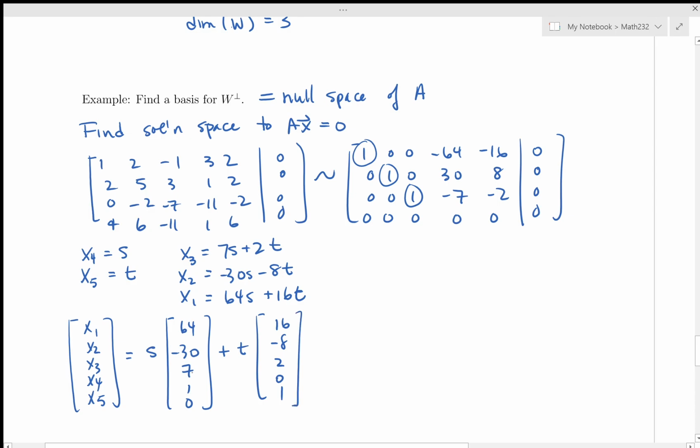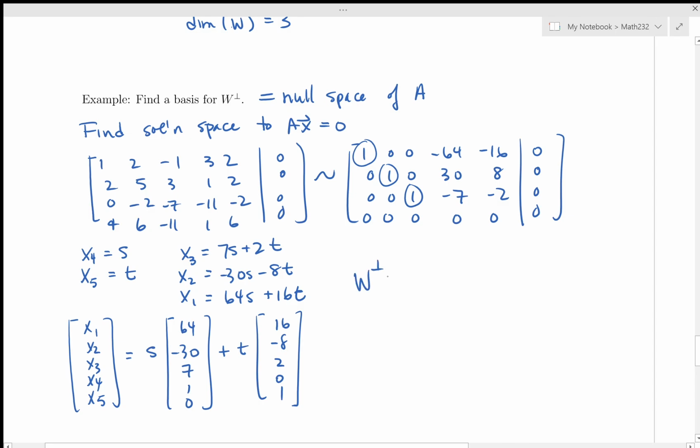So that is 7s plus 2t, minus 30s minus 8t, 64s plus 16t. I'm hoping that's correct.